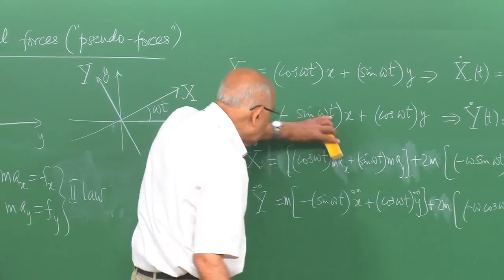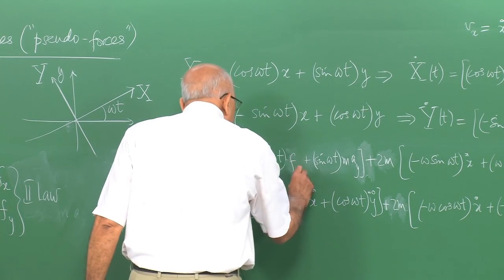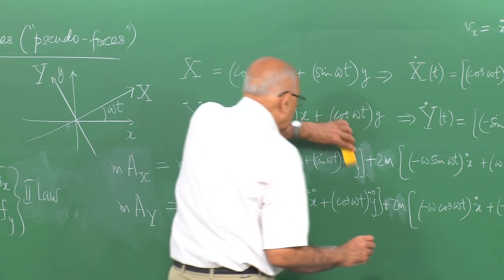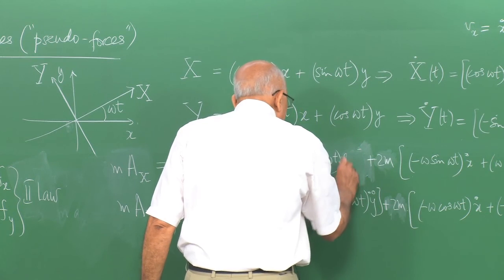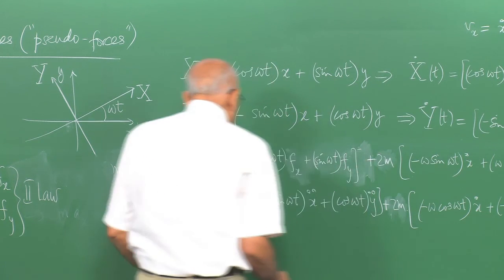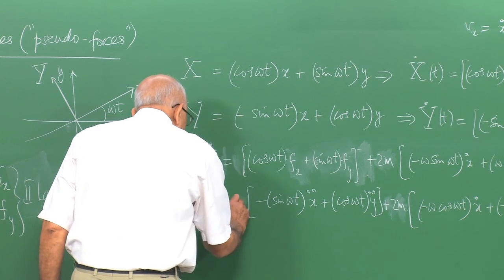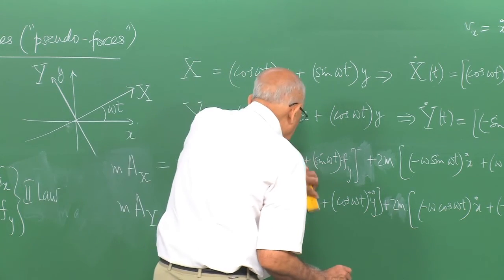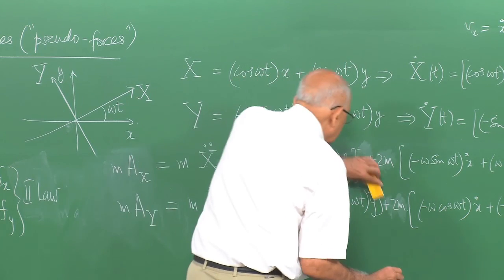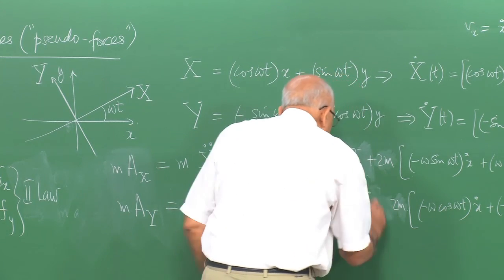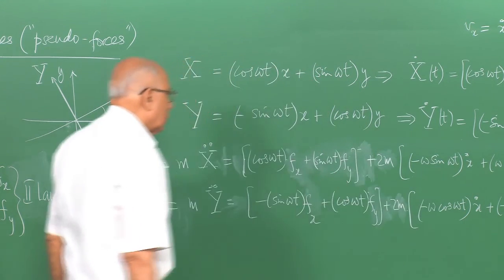So I replace those here and I get f subscript x and f subscript y out here in exactly the same way. In this equation, once I multiply by m, I get f subscript x, f subscript y plus this term, whatever is here.